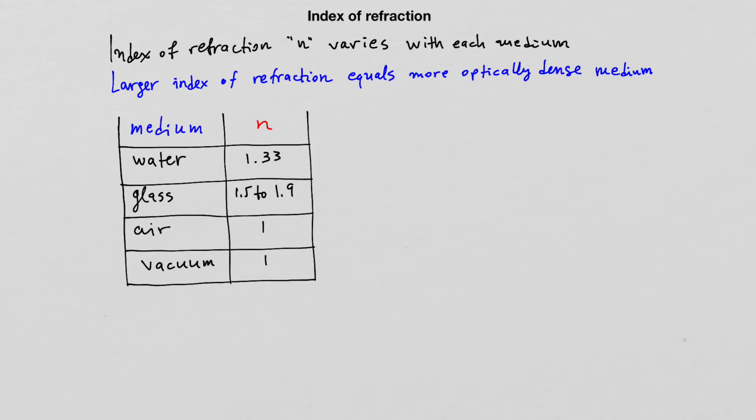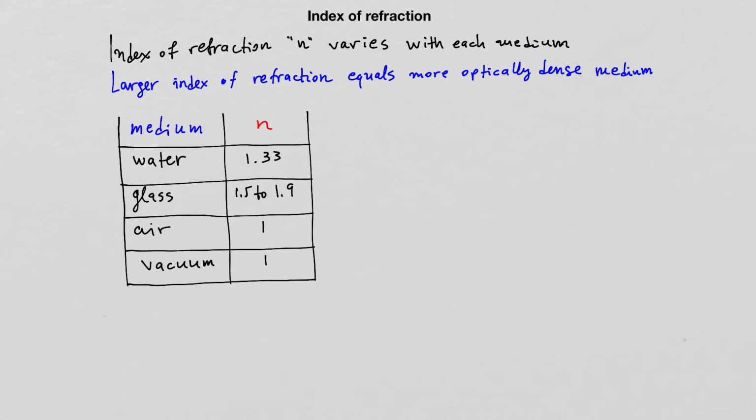Here are some values for the index of refraction for some common substances. The index of refraction for water is 1.33. The index of refraction for glass varies from 1.5 to 1.9 depending on the type of glass. The index of refraction of air is 1. The index of refraction for vacuum is also 1.